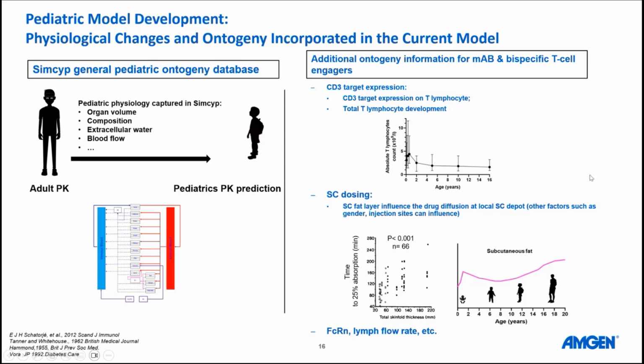This part of the ontogeny we have included in the model. Also, in the SC dosing models, we have included the SC fat layer influence on drug diffusion as a localized SC depot, and some other parameters we were able to modify and include in the model.